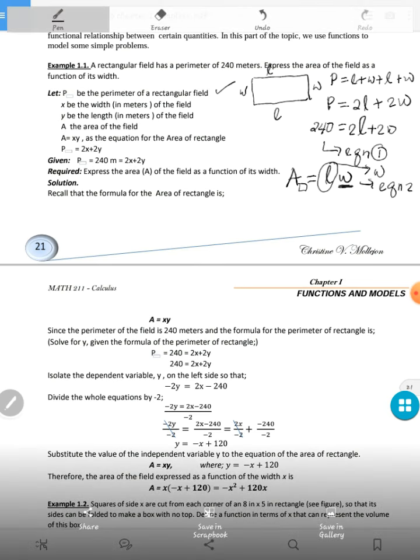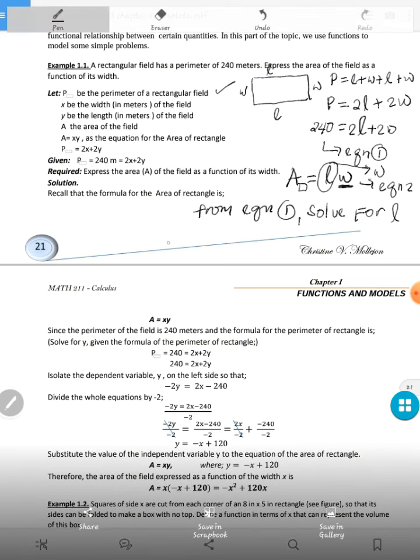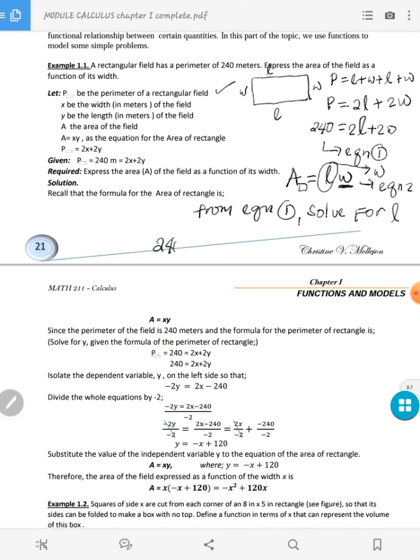Next, from equation 1, solve for length. So in equation 1, we have 240 equal to 2 length plus 2 width.